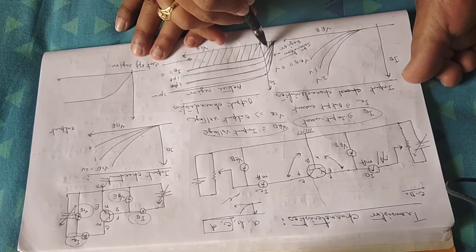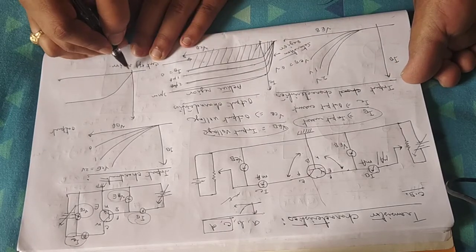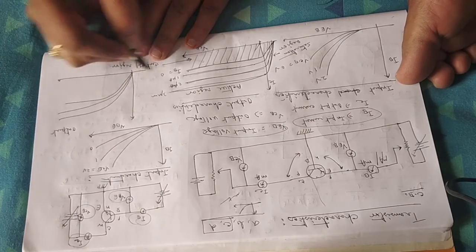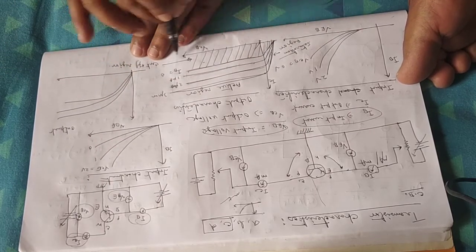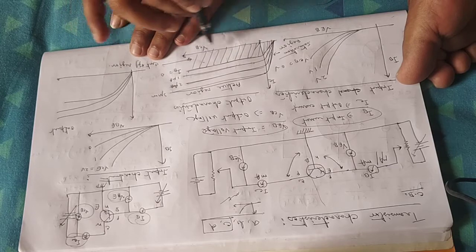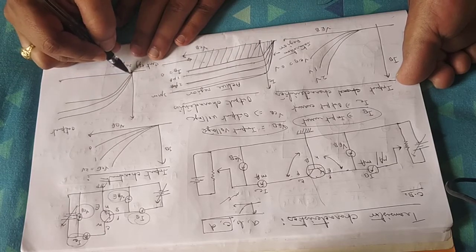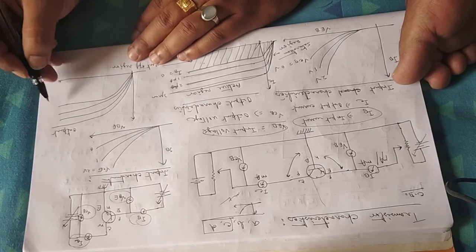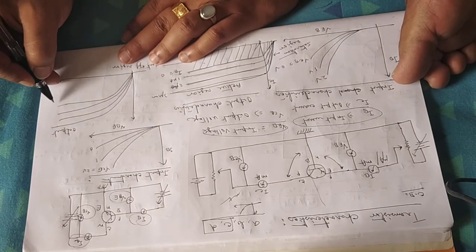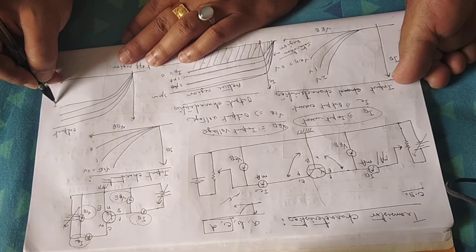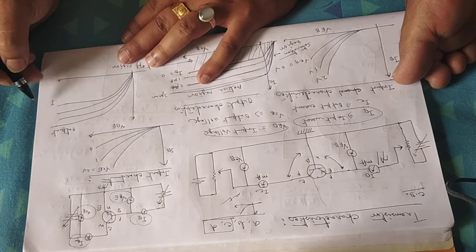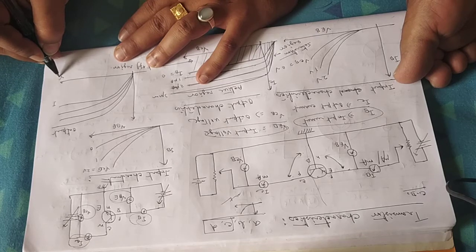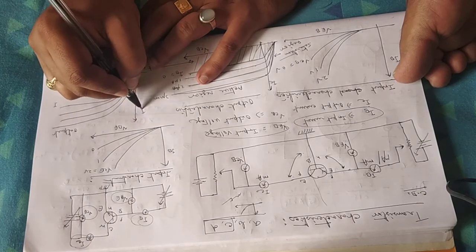It will not start from the negative region like the previous one, it will start from the positive region. There will be a little slope. The previous one was almost linear with the x-axis, but there will be a little slope like that. This is, suppose, for the variation between VCE and IC.